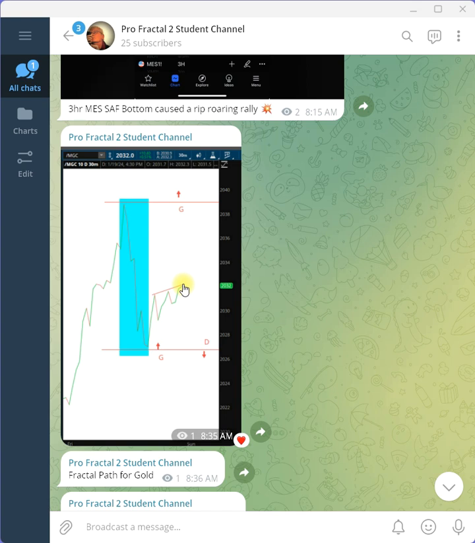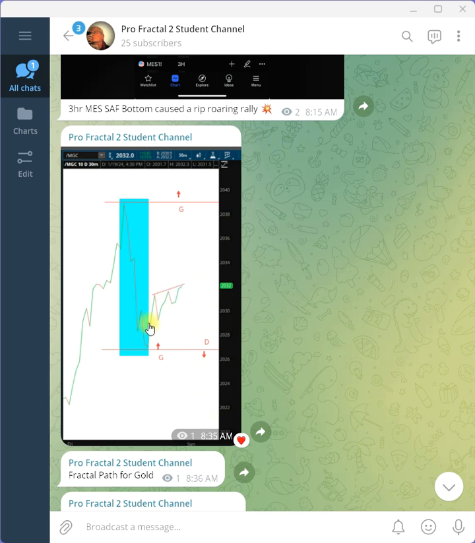So, how do you trade it? Well, if we remain at the level here, okay, the decaying fractal will trend down. And when we break the bottom of that growth fractal, we'll continue to trade down.